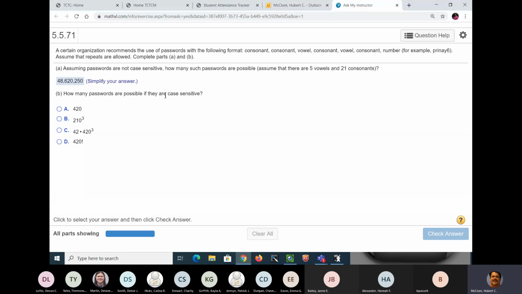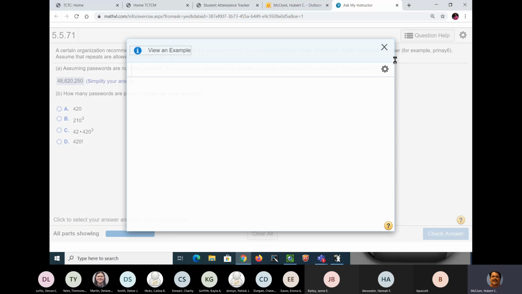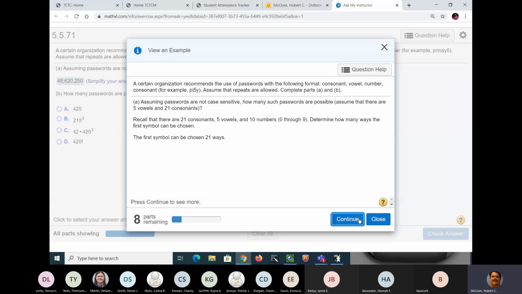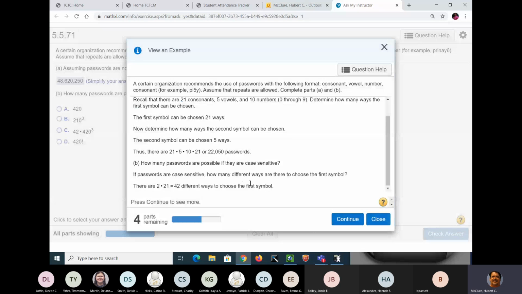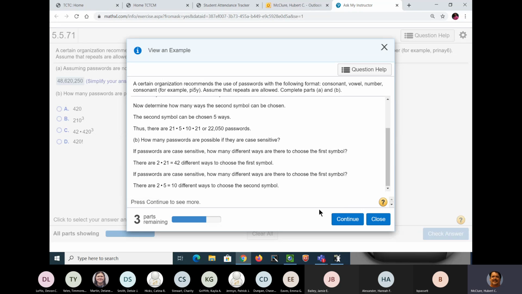Okay, now the only thing that case sensitive affects is the consonants. I want to see if they're using factorial, because there's a different way to do it. If passwords are case sensitive, there's 2 times 21, so you would change the 21 to 42. That's the only difference.